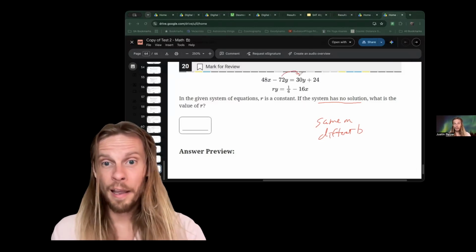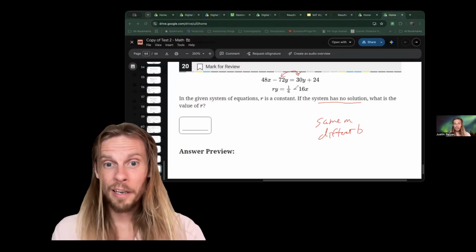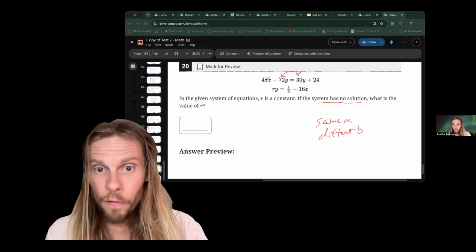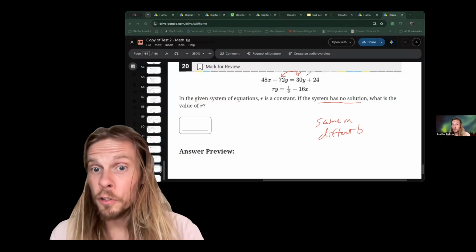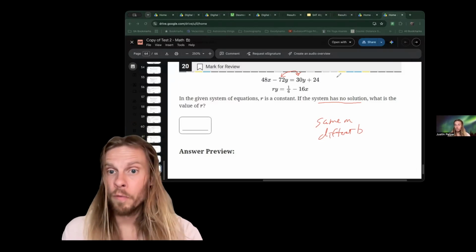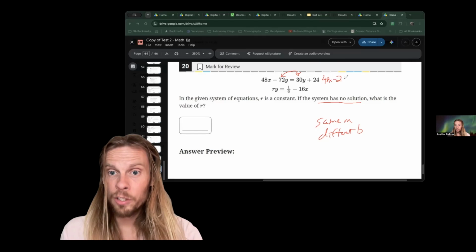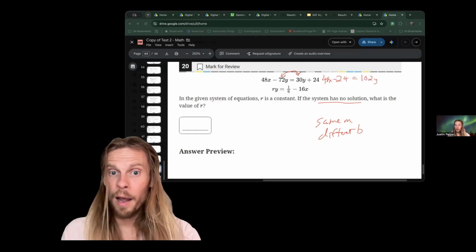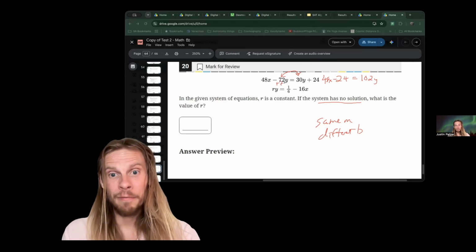So let's get this into a nice form. Let's simplify this, and I don't know if we can simplify this. So 48x, I'm going to add that 72 over. I'm going to subtract the 24 over. I get 48x minus 24 equals 102y because I have to add 72y.